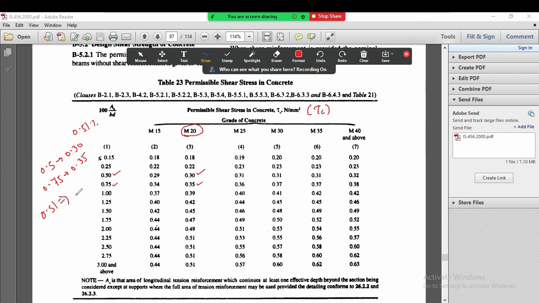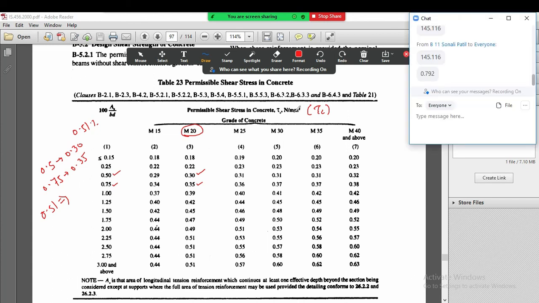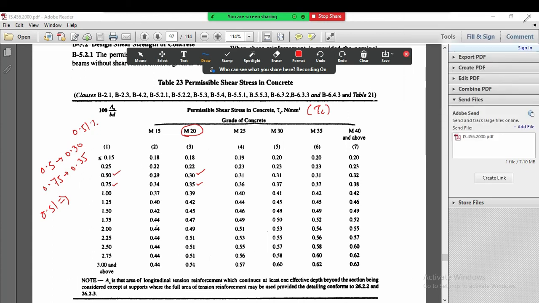Do the interpolation and let me know the answer. So fast, do the calculation and let me know the answer. Again it is same 0.3. The answer is 0.3. Okay.